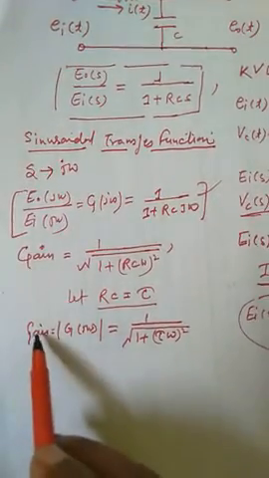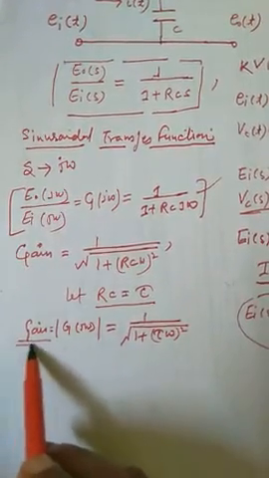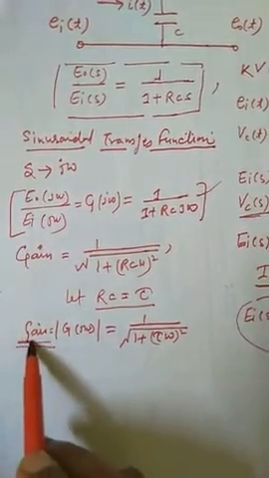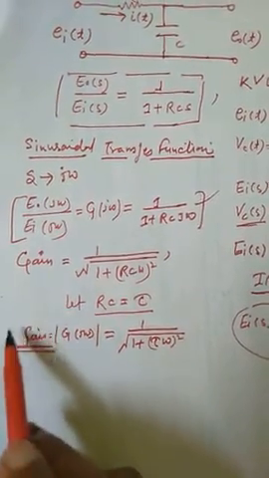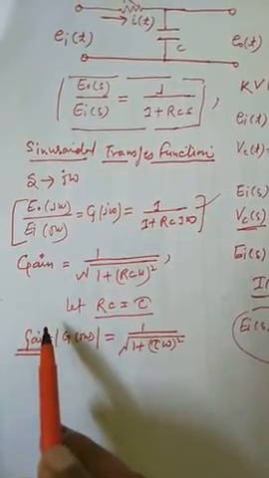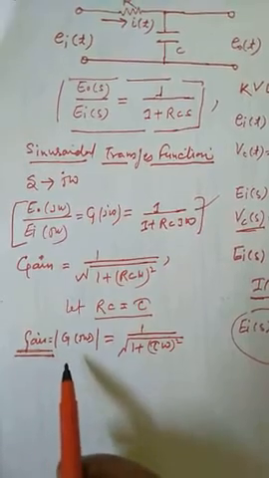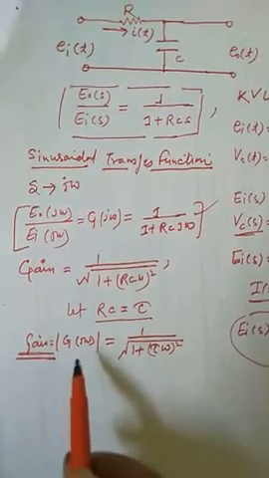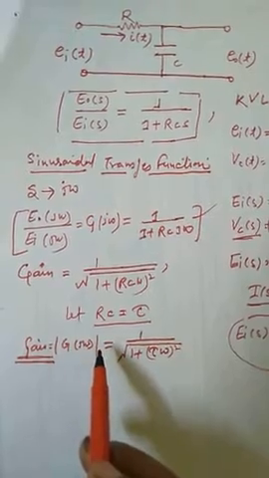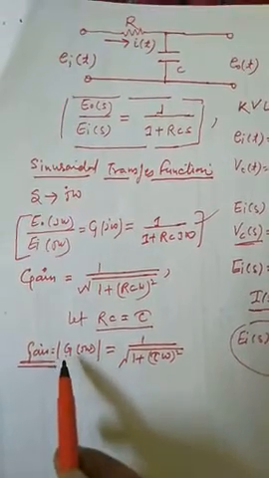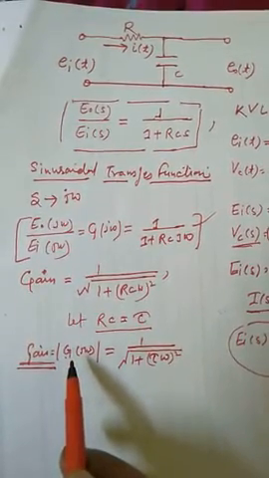When we do the frequency response analysis, this gain drops to 0.707 at the cutoff frequency. So when omega equals omega c, the gain will drop to 0.707.